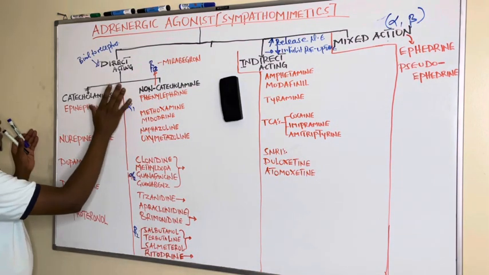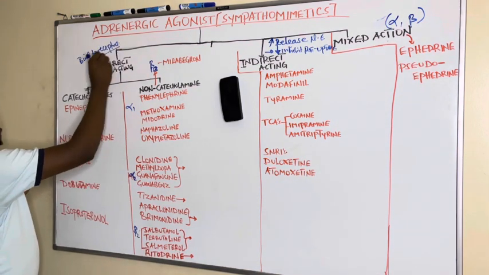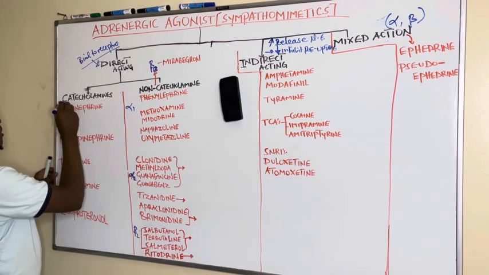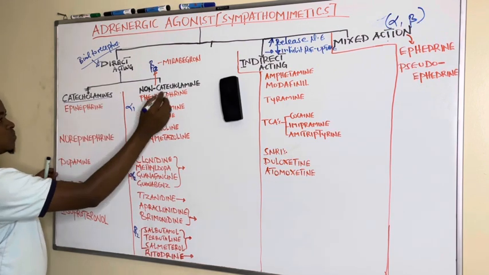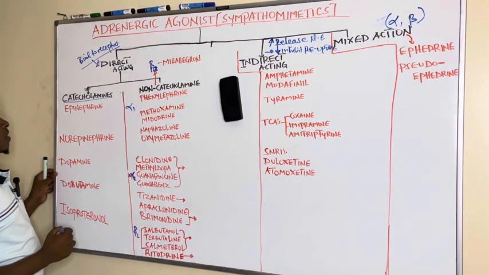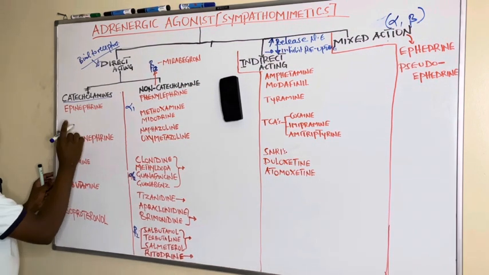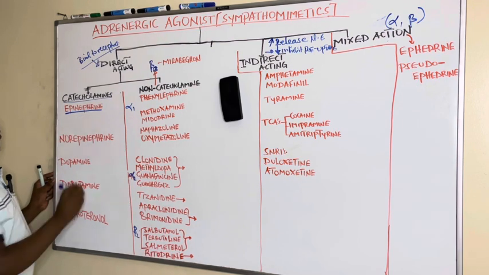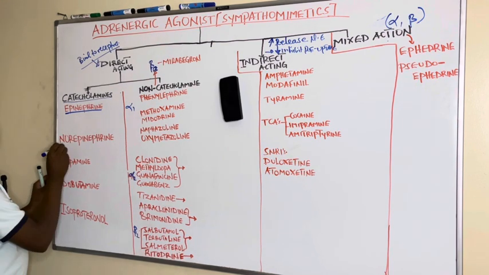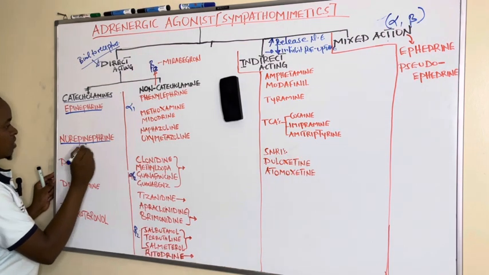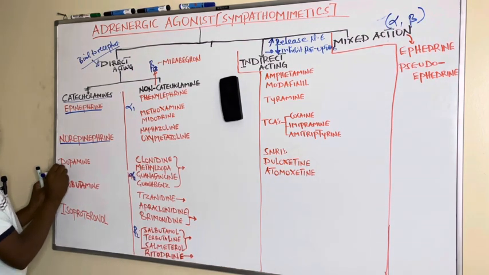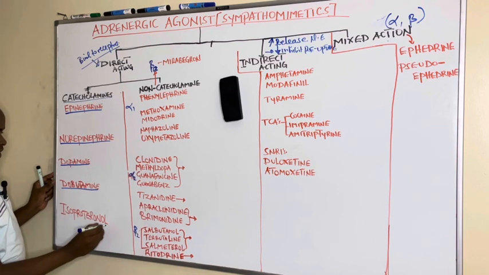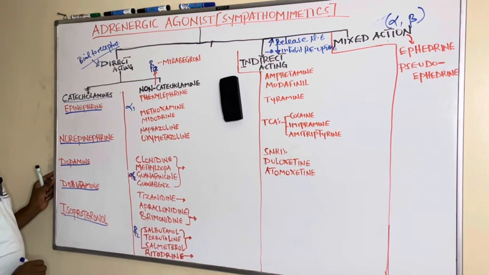And under direct acting, those which bind directly to alpha and beta receptors, we have those that are catecholamines with a benzene ring, and those which are non-catecholamines. And under catecholamines, we are going to discuss epinephrine, which we can call adrenaline, norepinephrine, then dopamine, then dobutamine, and isoproterenol.